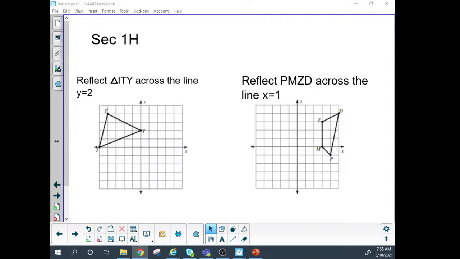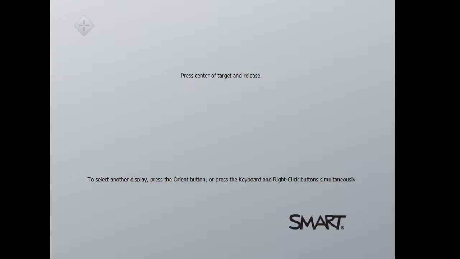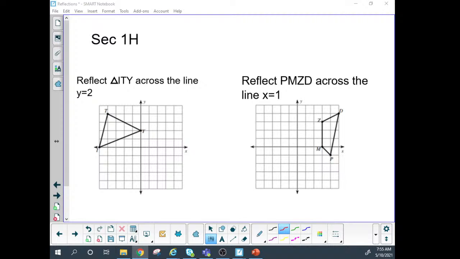y equals 2, you reflect it across that line right there, where y equals 2. That line, there it is.